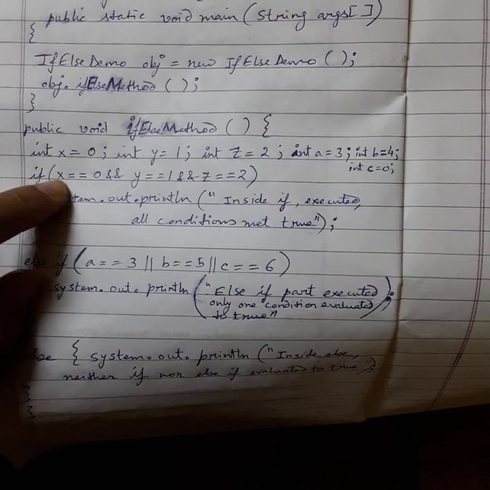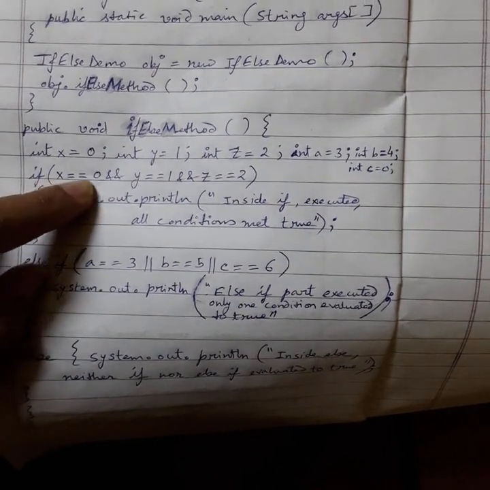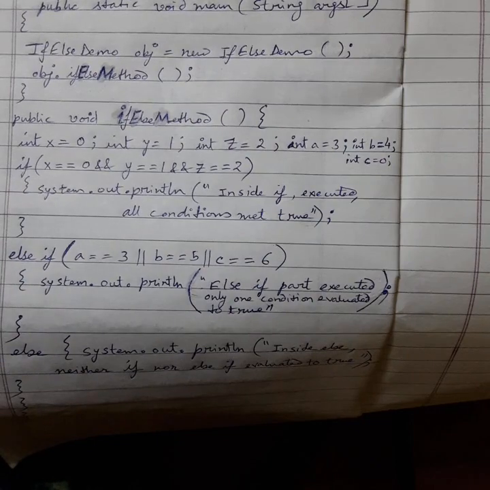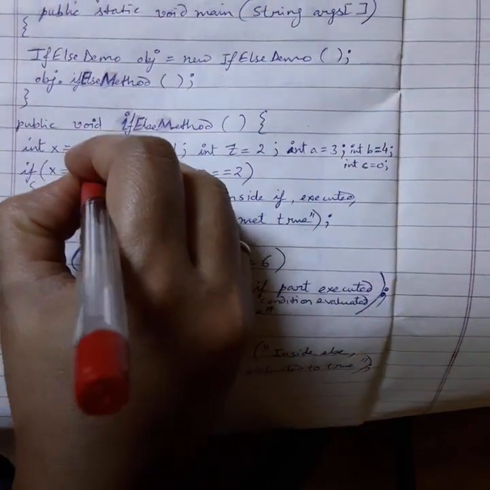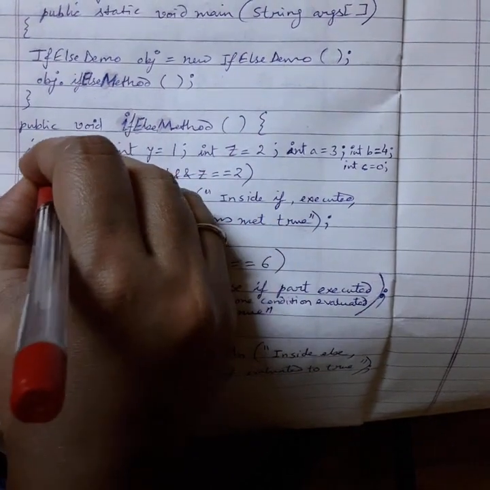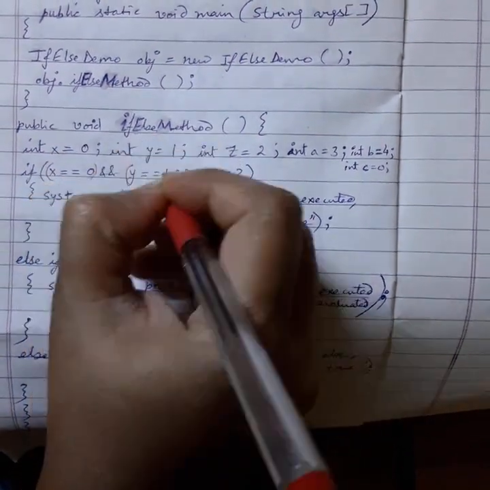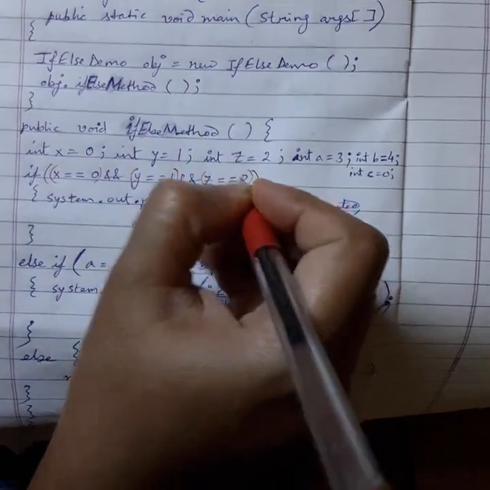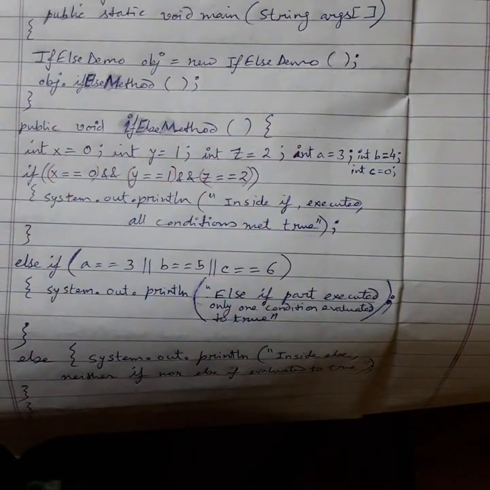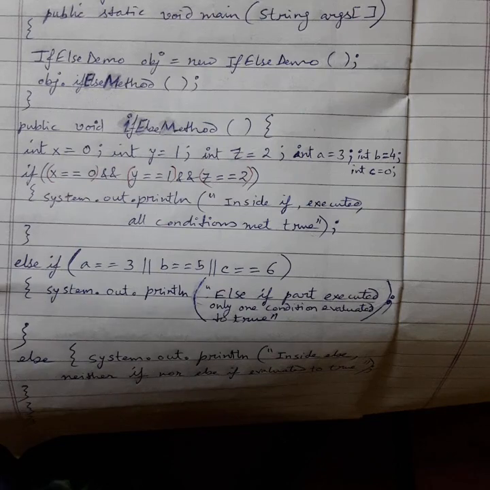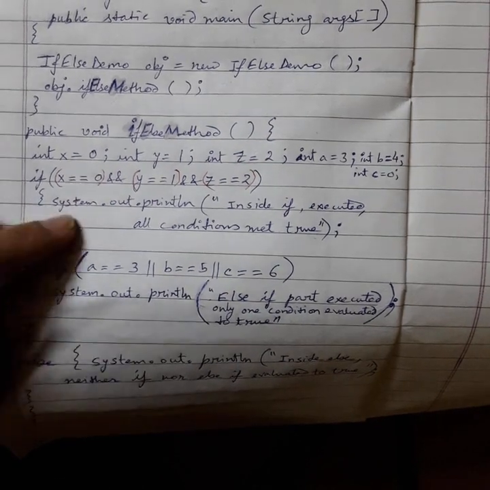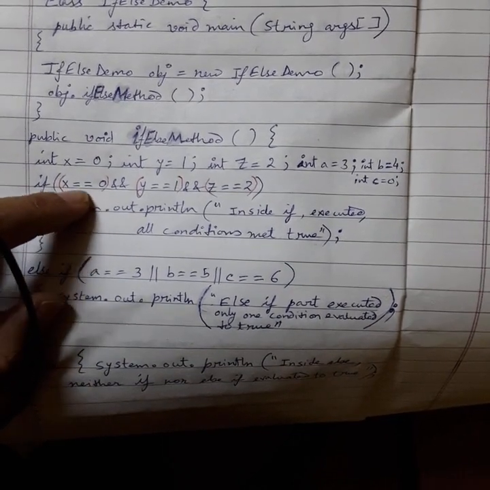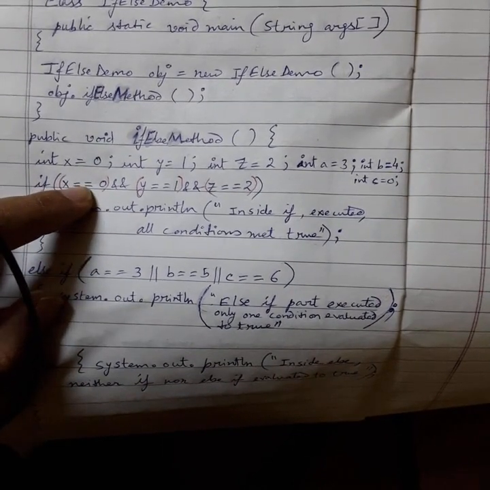Now in the if part, as you can see, x is equal to 0, double equal to.